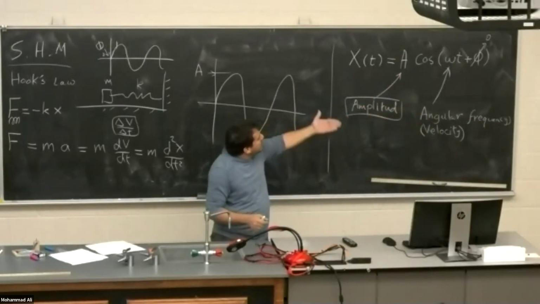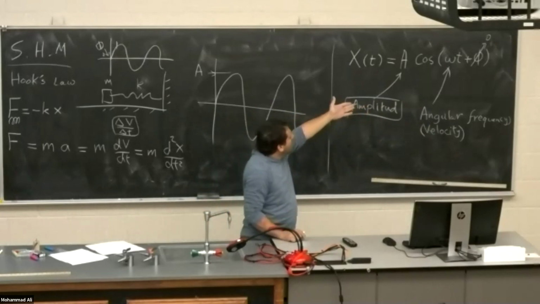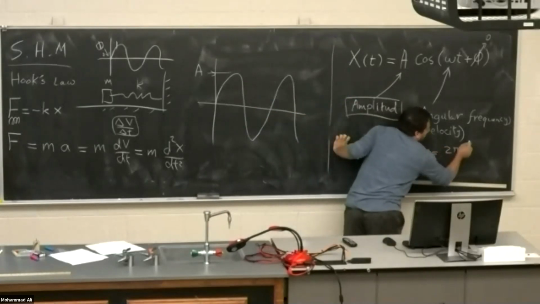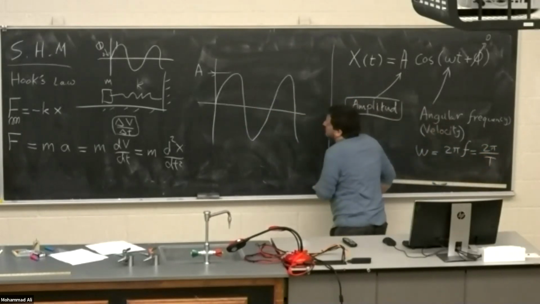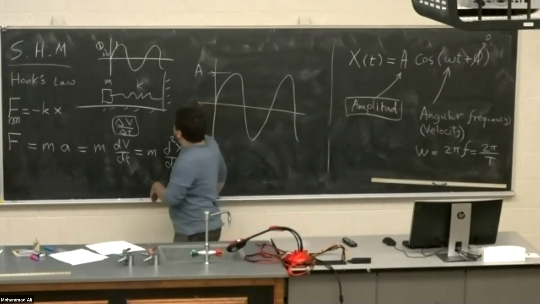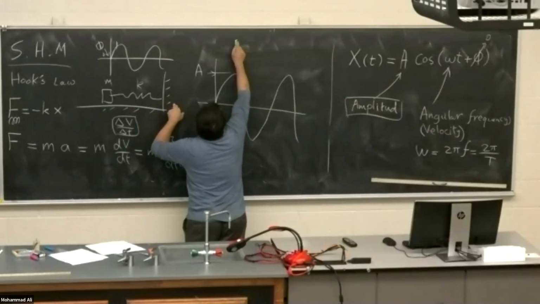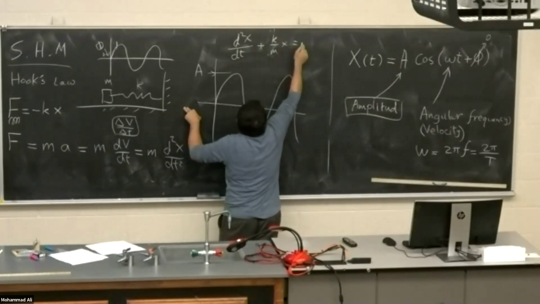And you need just to put numbers here. If I give you the amplitude, omega is equal to 2 pi f. Also, it is equal to 2 pi over T. Now, in this system, my final equation is d2x by dt squared plus k over m x equal to 0.